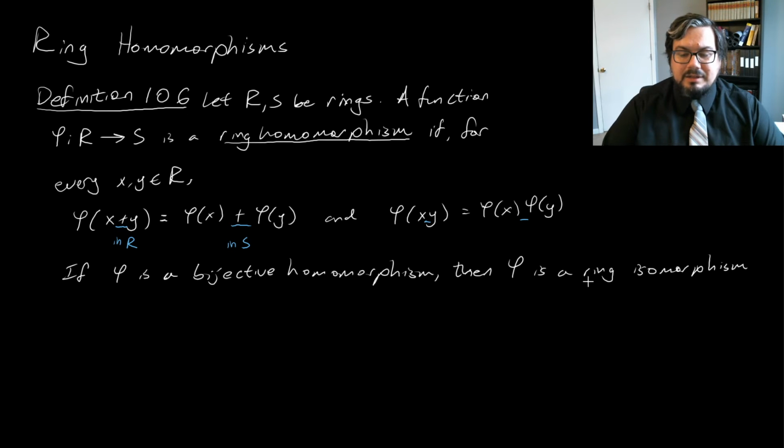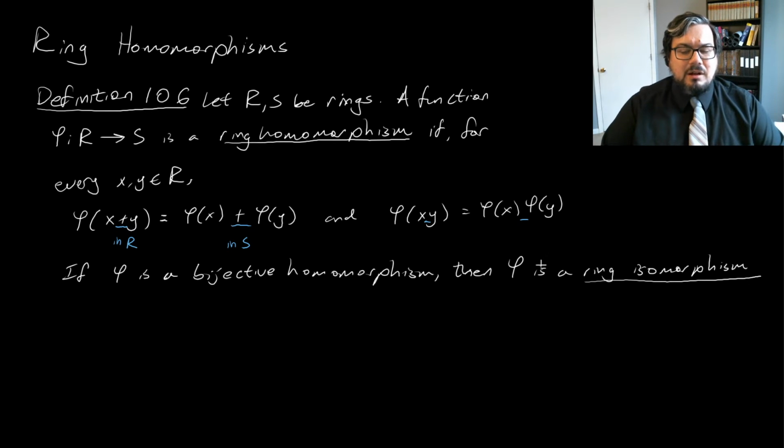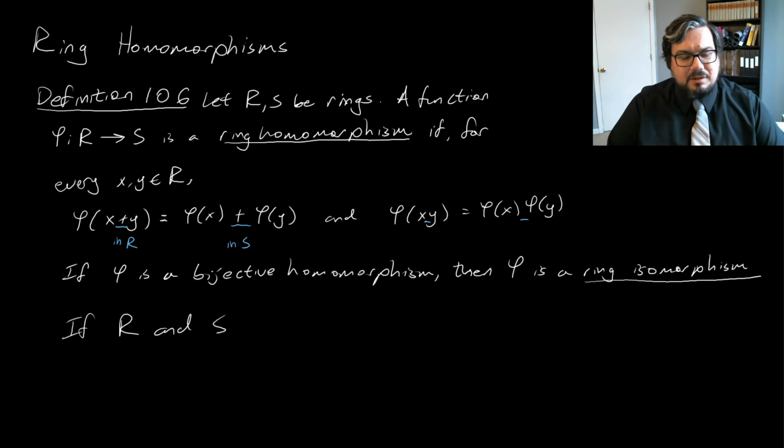Iso is the Greek word for same, morph is the word for shape or form. And we call phi a ring isomorphism because when there exists such a function between two rings, they are considered basically the same algebraically.